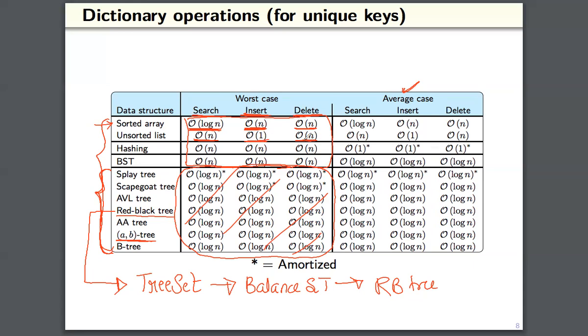See, if this is 1, the other 2 are n. If this is log n, the other 2 are n, right? So we are reducing that complexity to log n everywhere. And so that's a big achievement, right? Balanced search trees are some of the finest data structures to implement sorted sets, sorted maps, right?